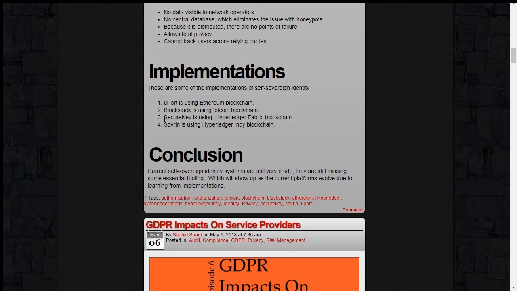The only two right now, I think, that are really being used and have use cases are Sovrin in the US and SecureKey in Canada. So all the banks in Canada are onboarded to this. Even the telcos, I think, are also using SecureKey.